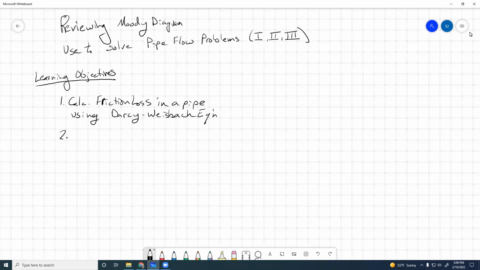And then we're going to use the energy equation to solve pipe flow problems.